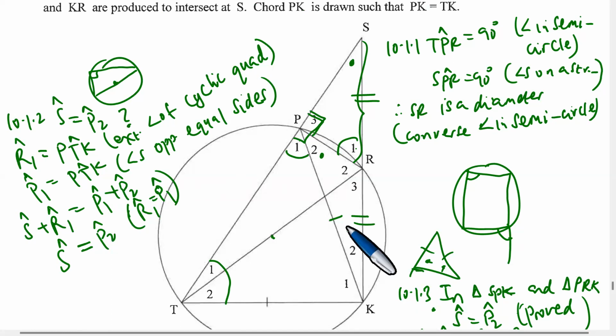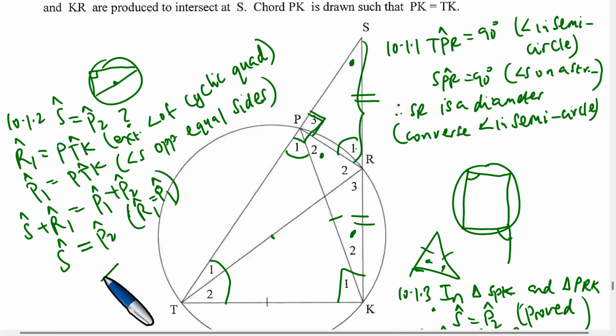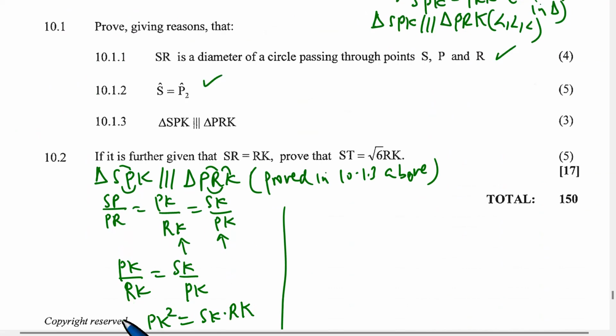There is some Pythagoras theorem because this one is a diameter and therefore it subtends an angle of 90 degrees over there. And therefore ST is the hypotenuse of this right-angled triangle, where this one is S, this one is T, and this one is K. So you have ST squared equal to SK squared plus TK squared. We write Pythagoras.